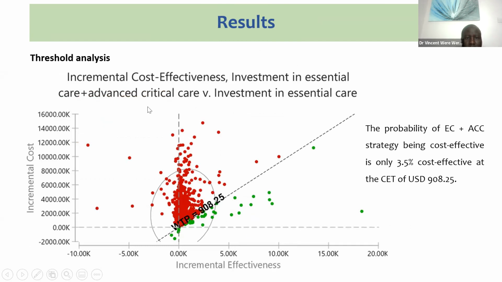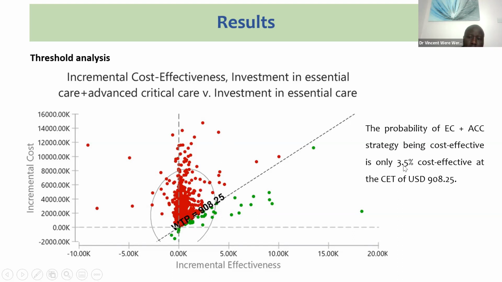We normally say that the probability of investing in critical care being cost effective is only 3.5%. If we assume that the government is willing to pay 908, willingness to pay is what the government is willing to invest, and we are giving them a half of our GDP.